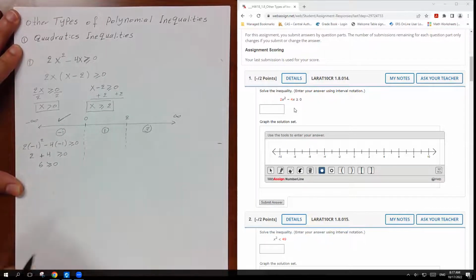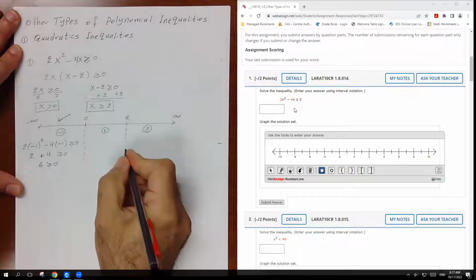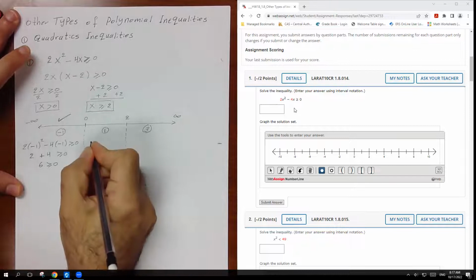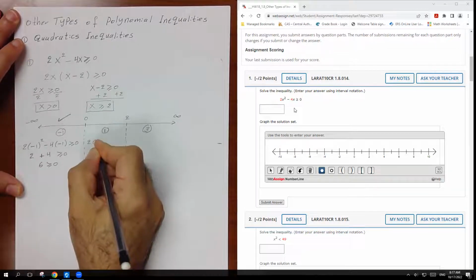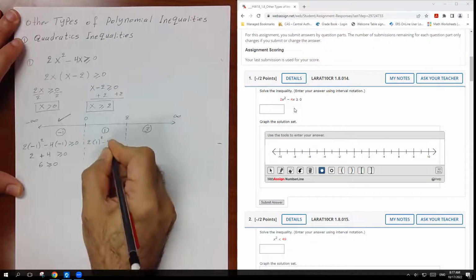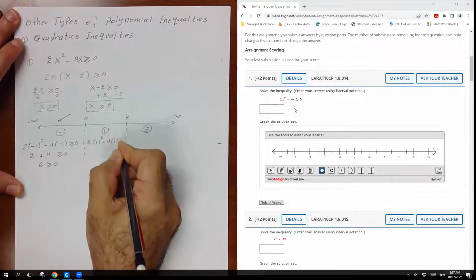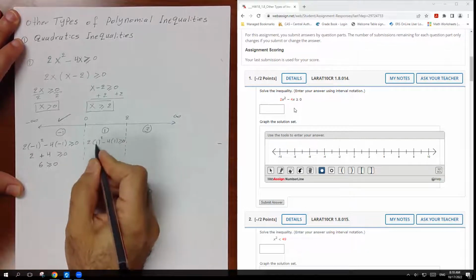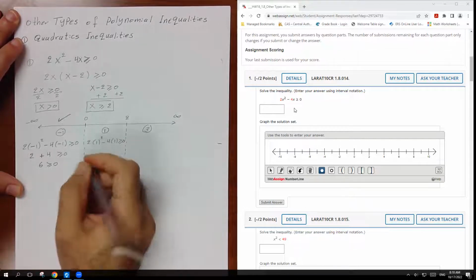Let's check the second one. Plug in the 1 here. So it's 2 times 1 squared minus 4 times 1. Is that greater than or equal to 0? 1 squared is 1, times 2 is 2.